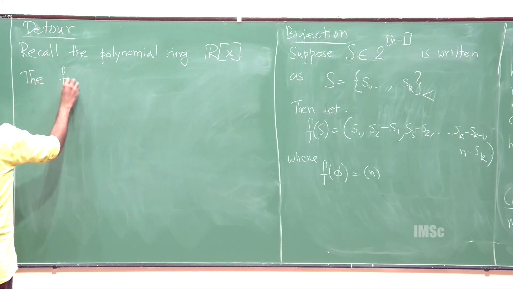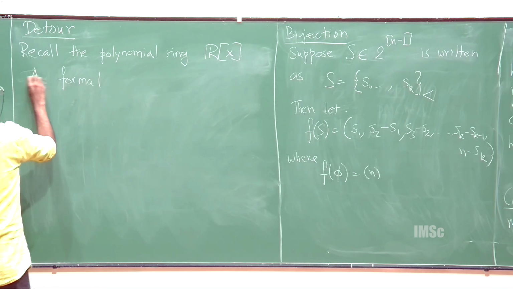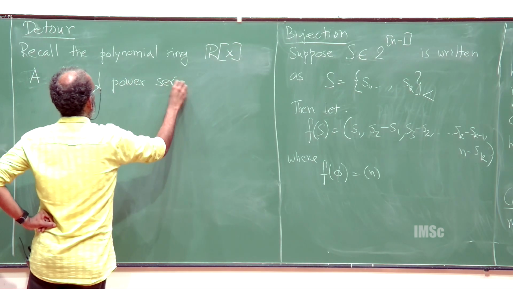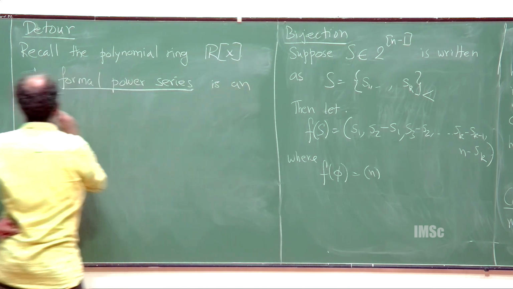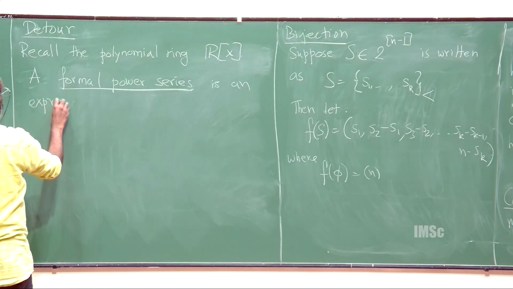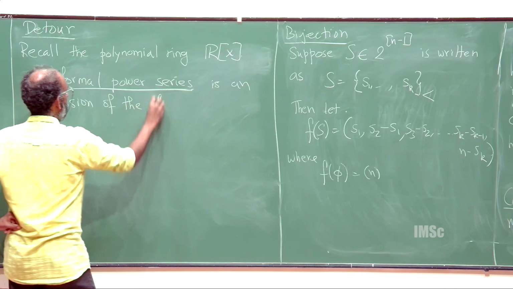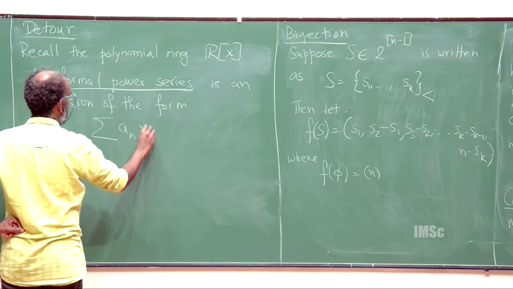A formal power series is an expression of the form sigma a_n x to the n.